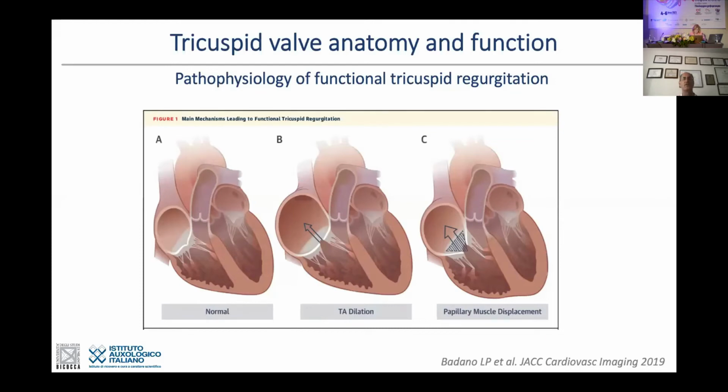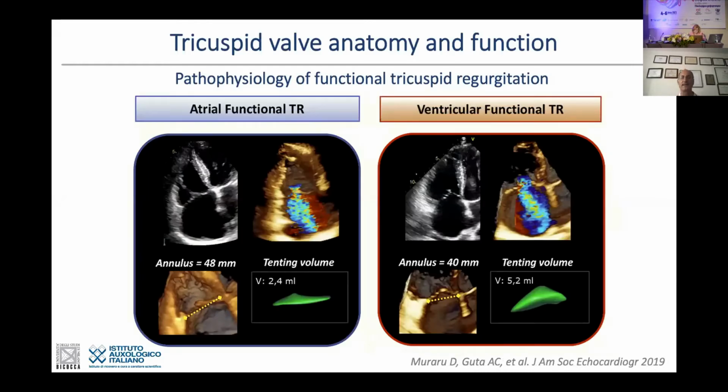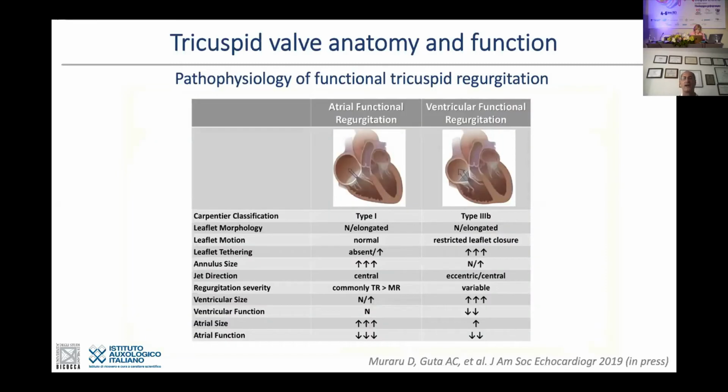Between these two extremes, there are all the other mechanisms that are in between. And indeed, this has been recently described by a review paper published by Denisa Muraru in JACC, showing that in patients with atrial functional tricuspid regurgitation, there is a dilation of the annulus and a small tenting of the leaflet, as opposed to ventricular functional TR, where the annulus is not that much dilated, but there is much more tenting volume.